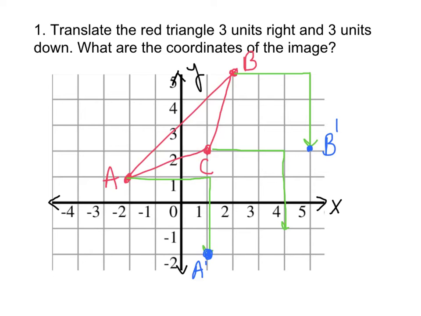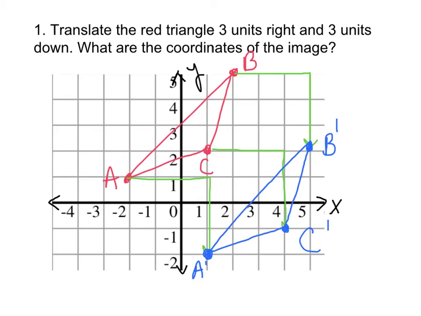And point C is going to be 3 units right, 3 units down, and that's going to give us C prime. So then I'm going to connect these dots to make the new image. Remember, the image is your translation of the original shape. So now we have the triangle A prime, B prime, C prime, which is the image of the original shape. So you have translated this 3 units right and 3 units down.